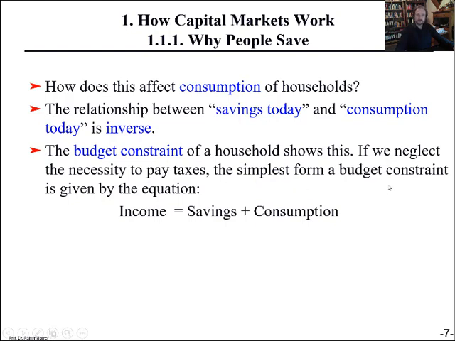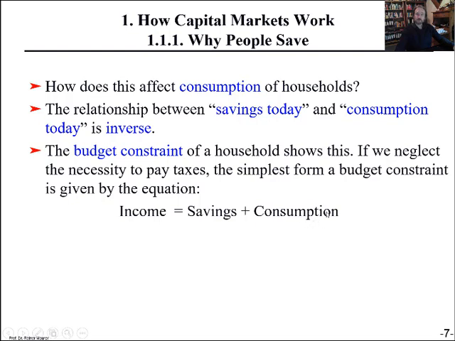If you neglect the necessity to pay taxes, the simplest form of a budget constraint is given by the following equation. Income is used either for savings or consumption. All income which is not spent for consumption purposes is automatically saved.